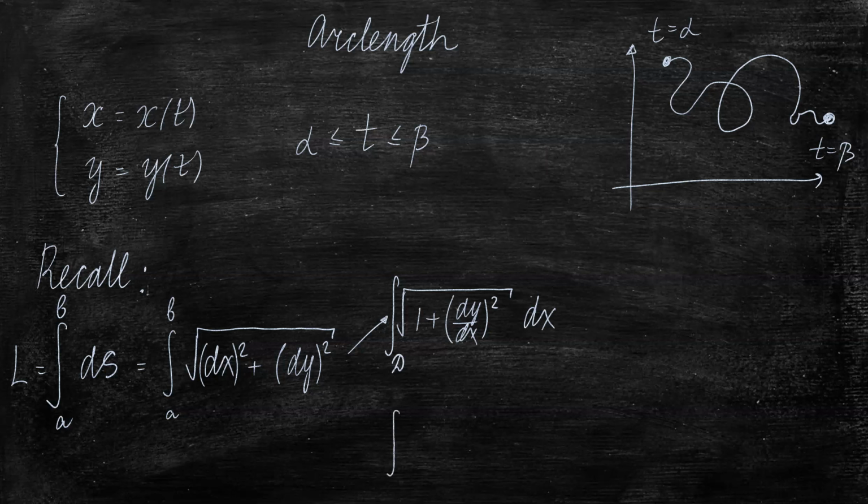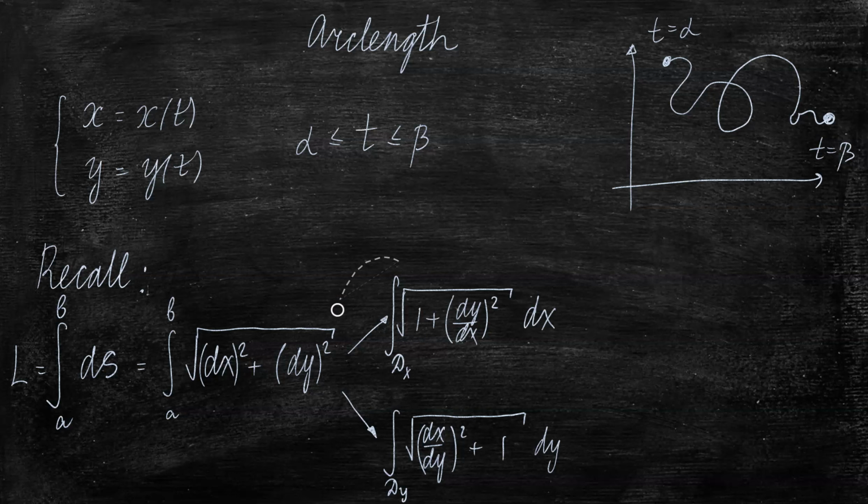Alternatively, we can pull out the dy from inside the radical, and then we end up with the square root of (dx/dy) squared plus 1, integrating over some domain with respect to y. So that's how we did arc length in regular calculus.